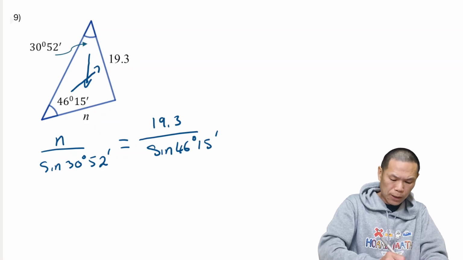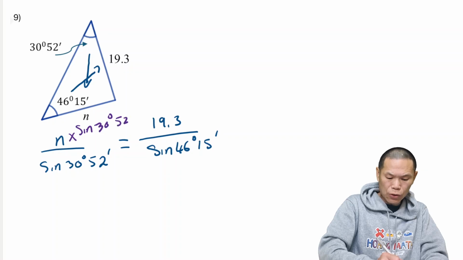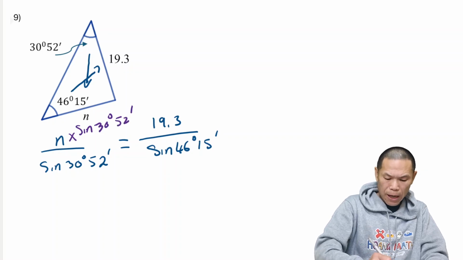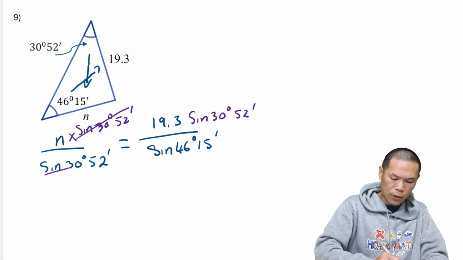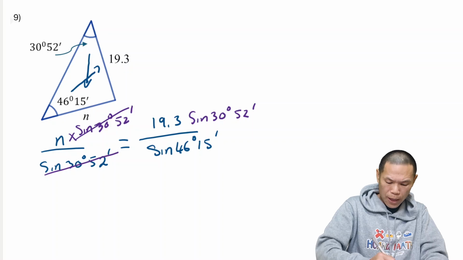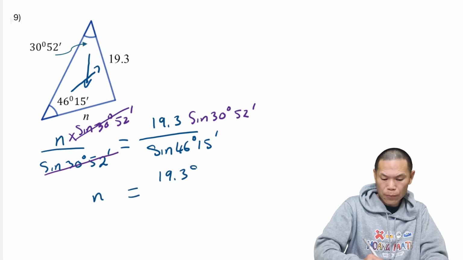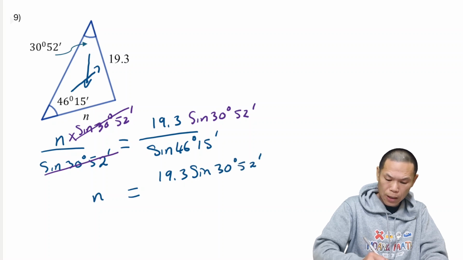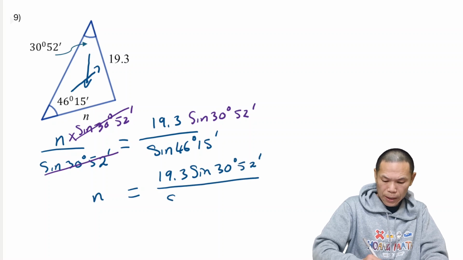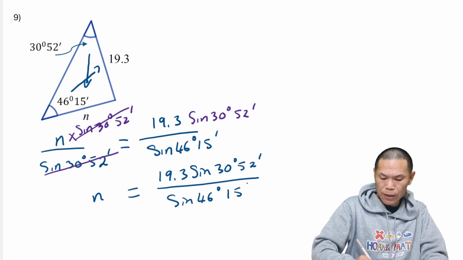So I just times sine of 30 degrees 52 minutes on both sides. So this we cancel out. So therefore, N will give me 19.3 sine of 30 degrees 52 minutes over sine of 46 degrees 15 minutes.